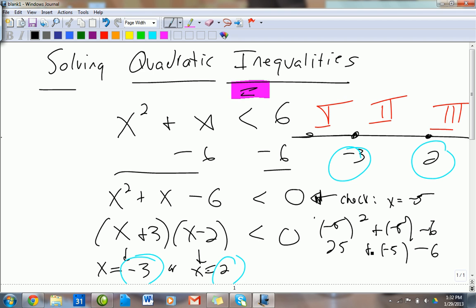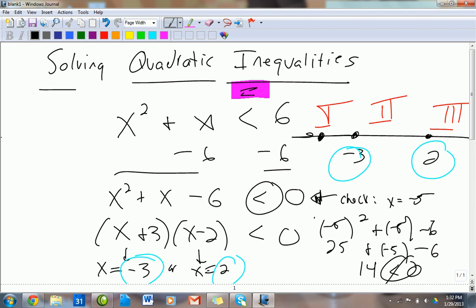So 25 minus 5 is 20, minus another 6 is 14. Of course, 14 is not less than 0. So -5, which is somewhere here in region 1, doesn't work. Therefore, no number in that region will work, so I'm not going to shade region 1.